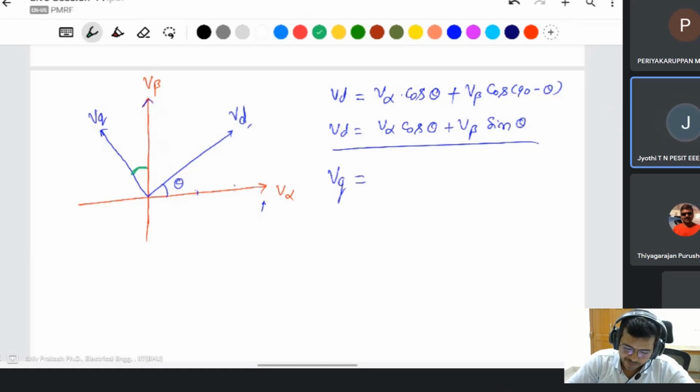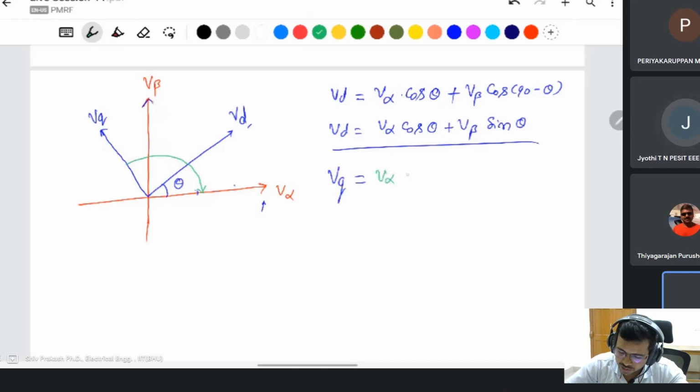Theta, yeah, same thing, theta. Then Vq is V beta. Sorry, if you take V alpha first, then what is the total angle? 90 plus theta, V alpha cos of 90 plus theta.